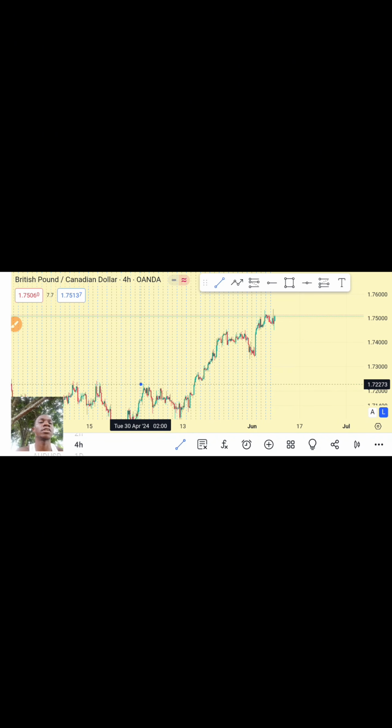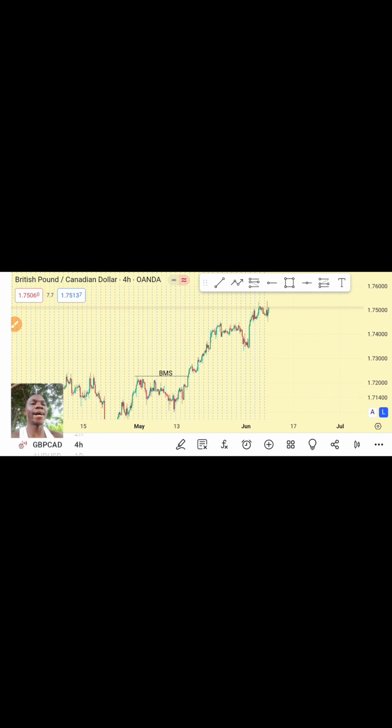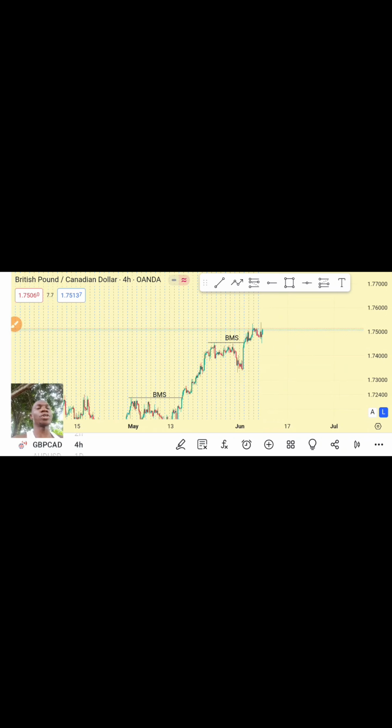We have a break of structure like this, so this is a break in market structure, and this is another break in market structure. Now we know that whenever a market is breaking structure up, then that market is in an uptrend. So this market is in an uptrend on the 4 hours time frame.